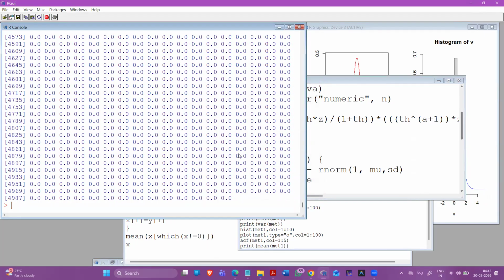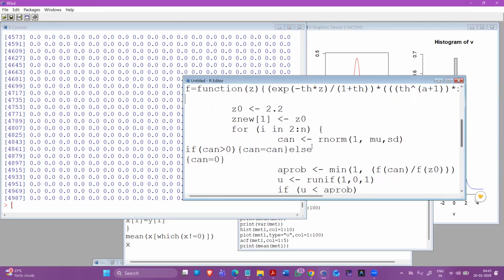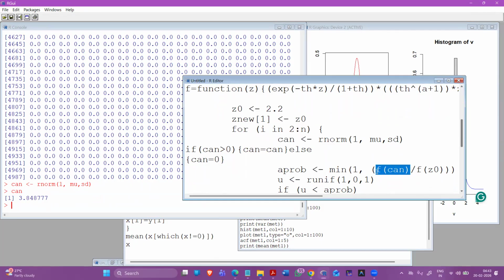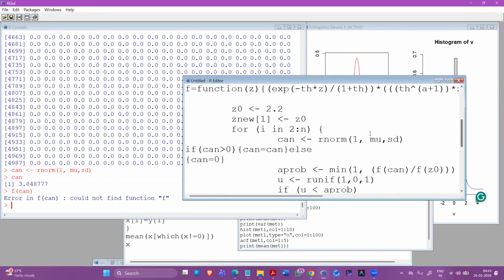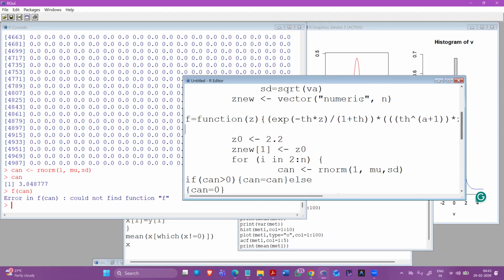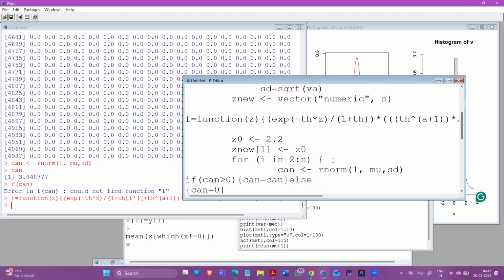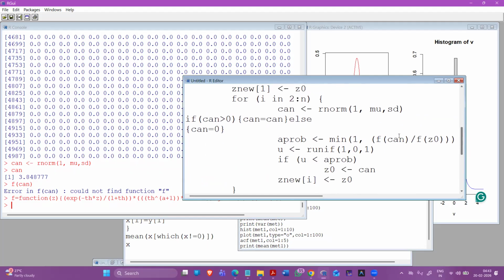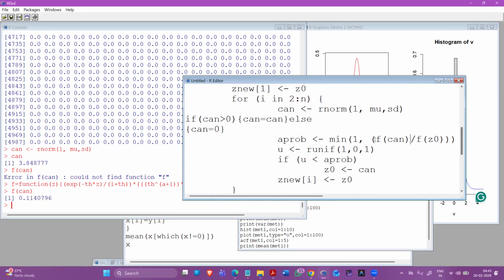Right. So after that, I need to generate values from the normal distribution with the same mean and variance. So I generated this random value the first time. After that, I'm going to put this value in the density function. Sorry, I didn't run the density here. So I will run this, and now I can find f.